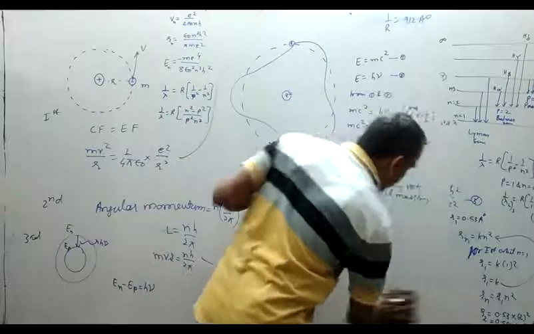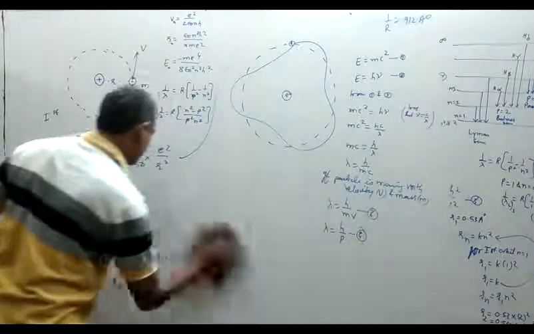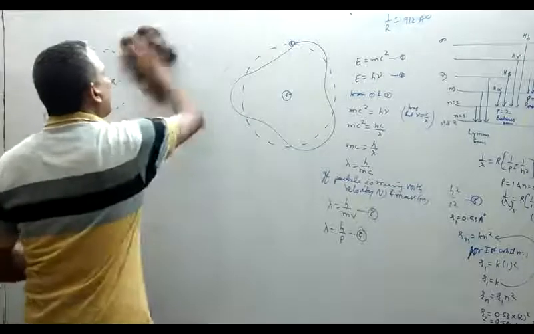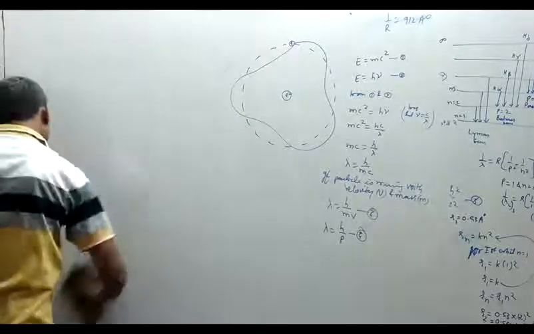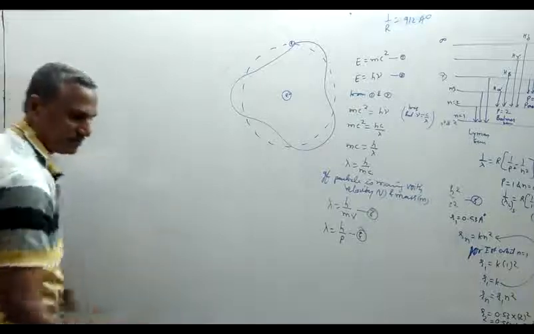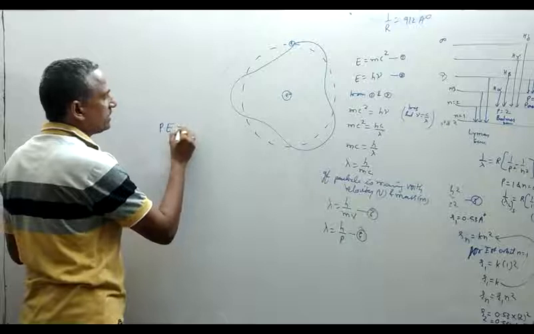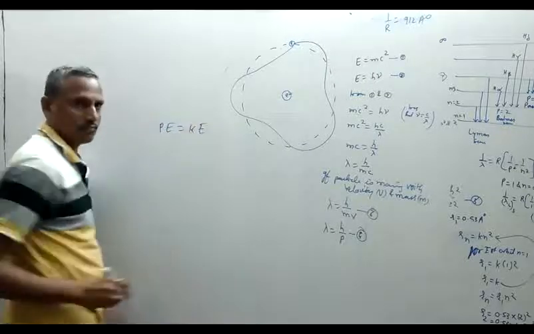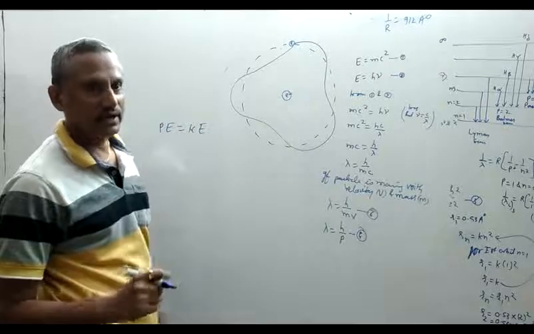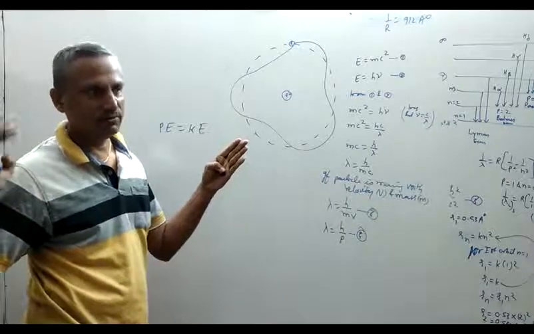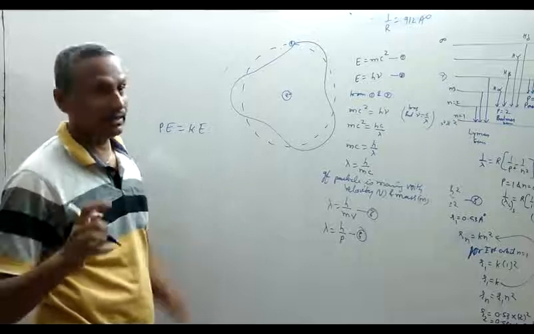Now we know that under the action of an electric field, whenever an electron is moving in a vacuum tube, its potential energy is converted into kinetic energy. In a tube light, when an electric field is applied, the electron moves from one end to another under the action of that electric field.